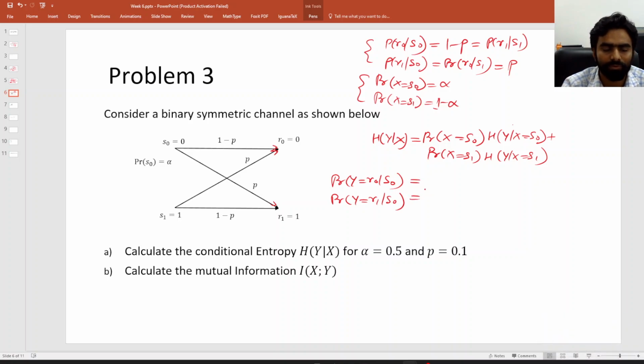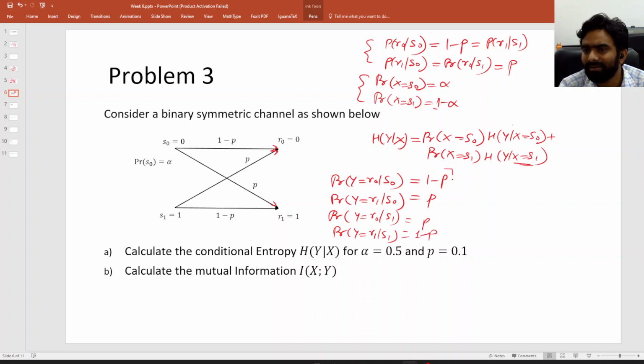Okay, so this will be 1 minus p, and it will be p. Corresponding to X equal to s1, also probability of Y equal to s1 and probability of Y equal to r1 given s1. So it would be also p and 1 minus p. So we can write here.